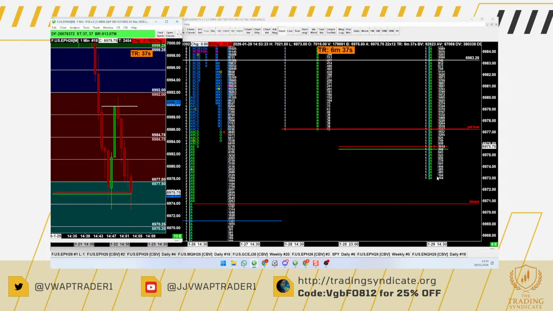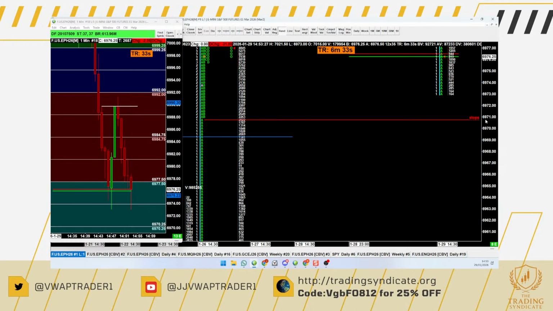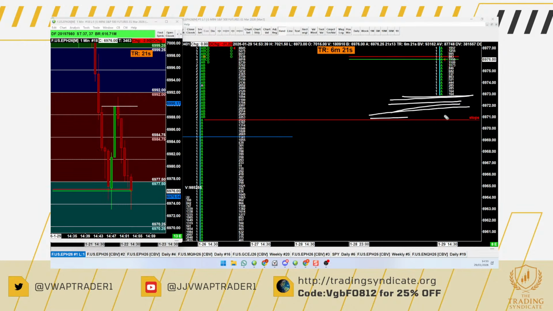If we take out 73, we're looking for that stop here at 71. There is a large short position here. That is why you're getting buying before this 71 level. This, my friends, is called front running. Support is created by unfilled buy orders. Now, would I buy that? Not right now.